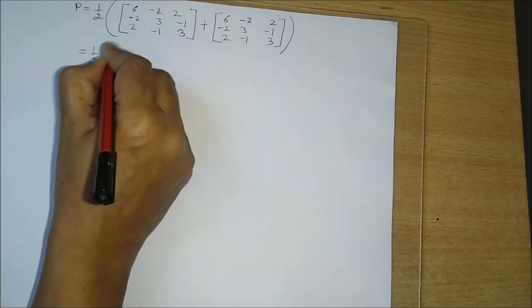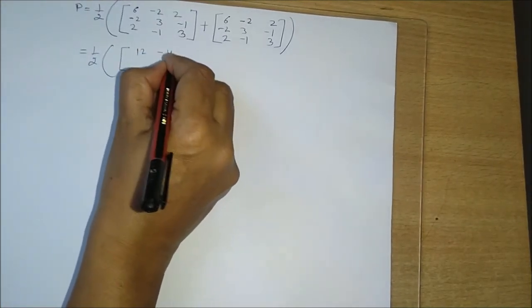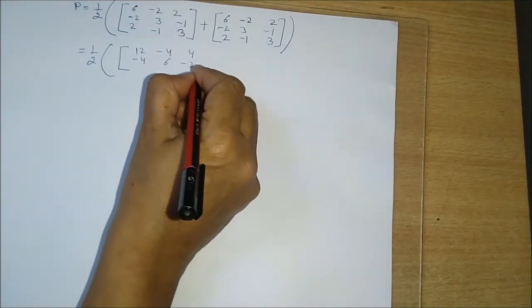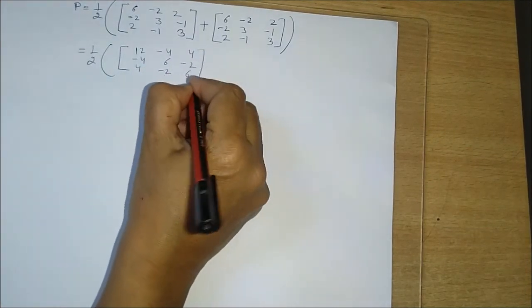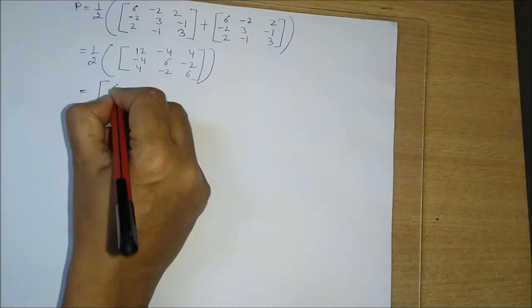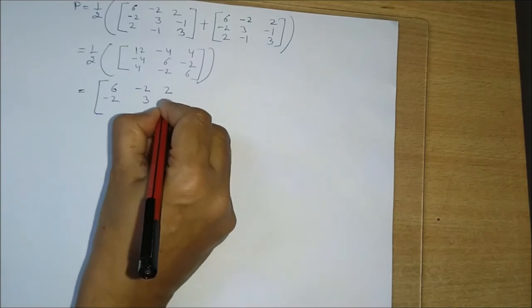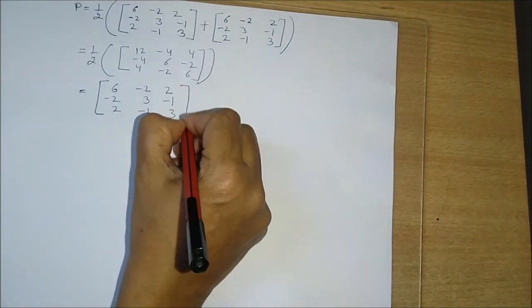Solving this we get 1 by 2 of [12 -4 4; -4 6 -2; 4 -2 6], which is [6 -2 2; -2 3 -1; 2 -1 3].